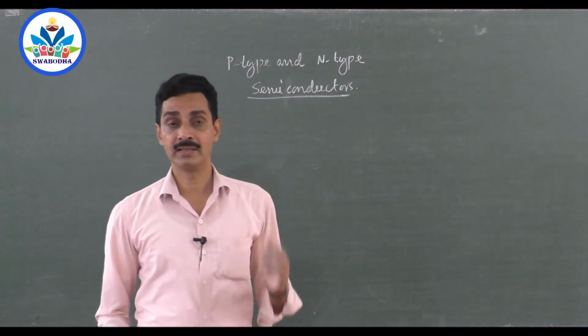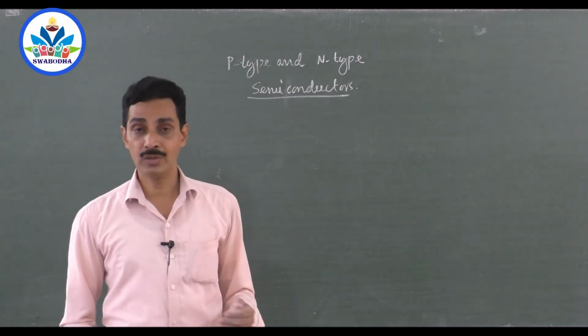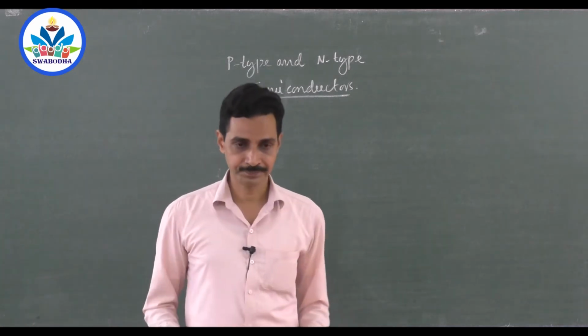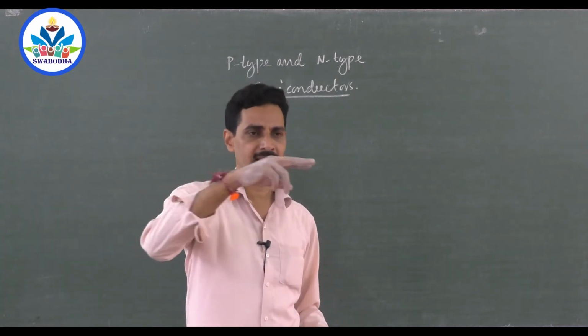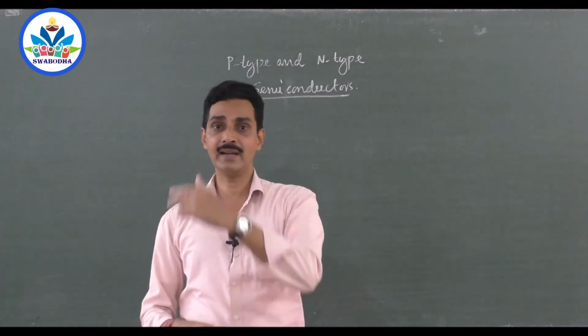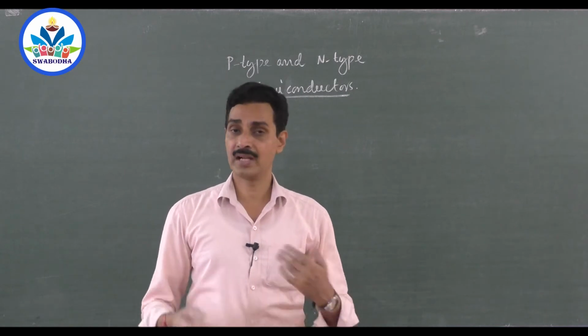Remember that the flow of electrons and holes does not produce opposite currents. They produce current in the same direction. How? If electrons move in this direction, holes will be moving the opposite way, so the current gets added up, because current is the flow of charges.